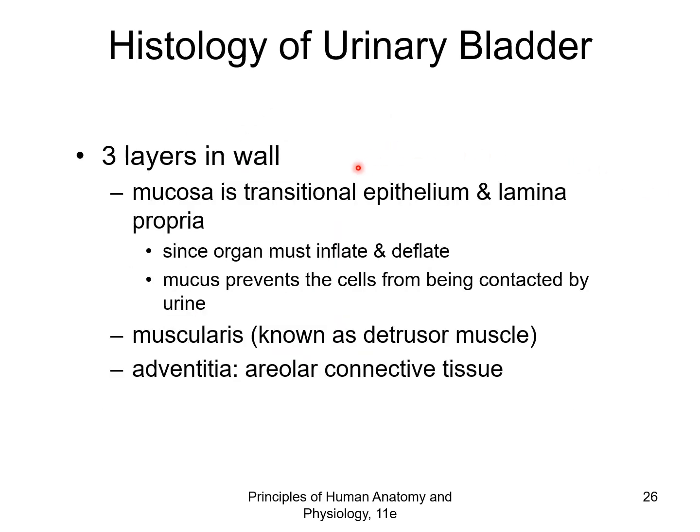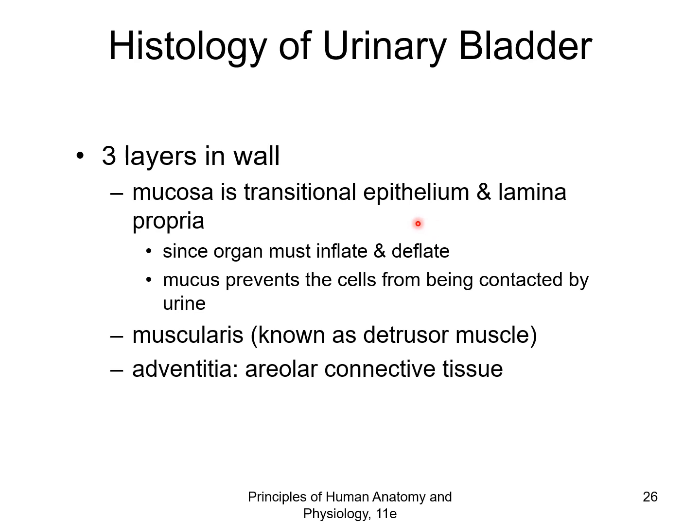In terms of tissues, maybe you remember this from the tissue chapter way back in A&P 1. Transitional epithelium lines not only the ureter but also the bladder, and this transitional epithelium allows the stretching, and this is a major advantage here in the bladder.